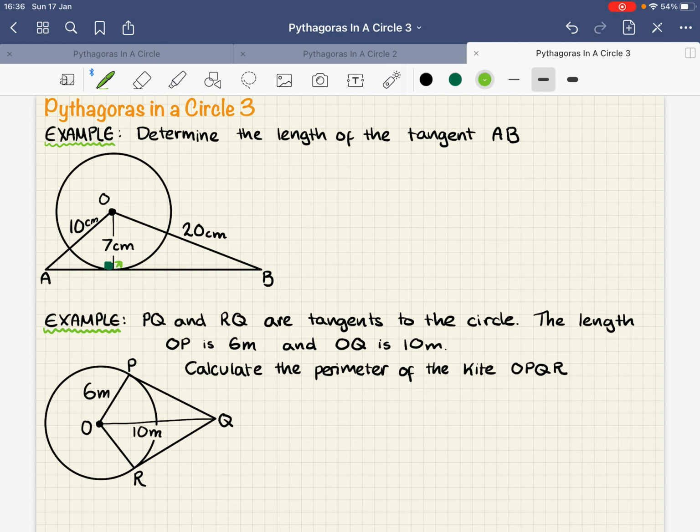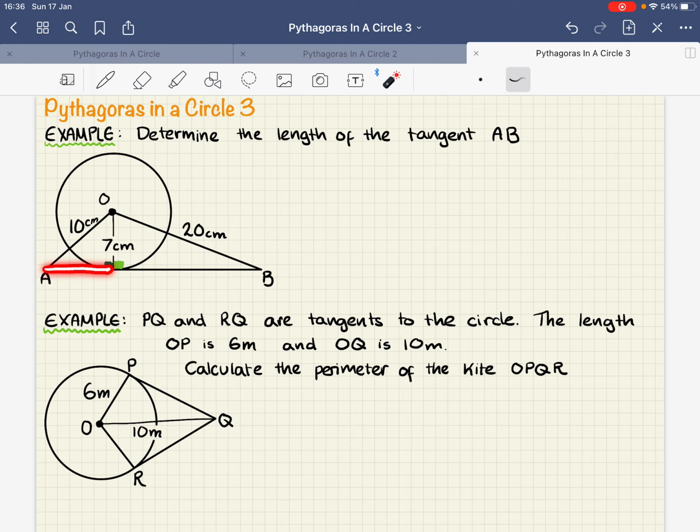Okay, so I want to find out what that total length all the way across is. Now, the easiest way for me to do that is to work at it as two parts. So I've got this first right angled triangle here, and then I've got this second right angled triangle over here. So I need to find out the length for each little bit.